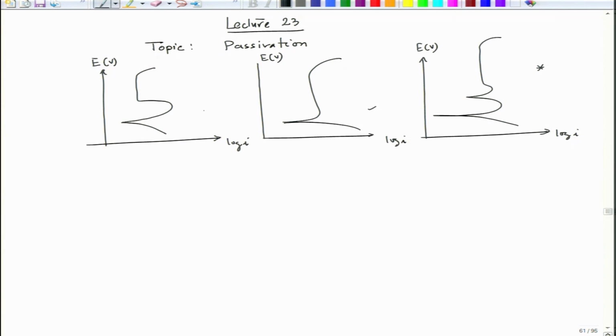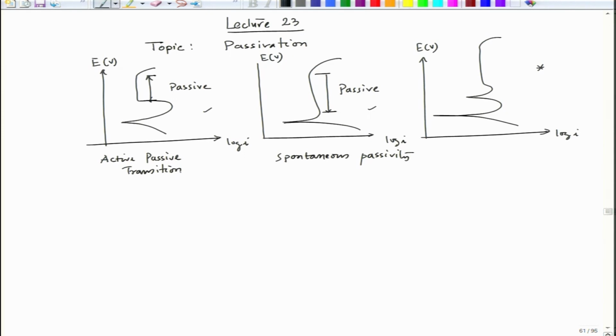but in these two cases we could see that there is a passive region, and the passive zone is up to this particular region. And out of these two, this is spontaneous passivity, and this is active passive transition.